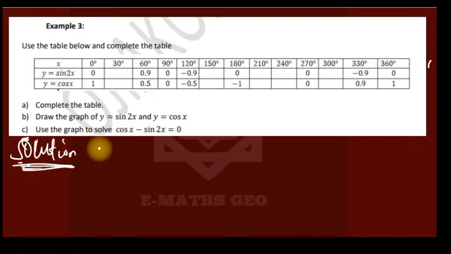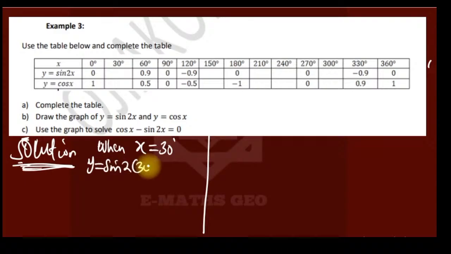So for example, for the first column, when x is 30 degrees, you see that for y equal to sine 2 times 30, we have sine 60. And sine 60 is 0.8660, which is 0.9.